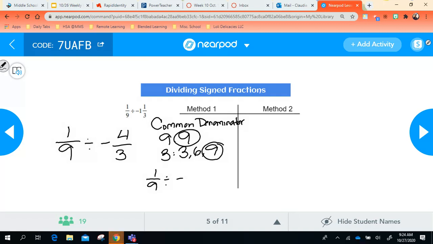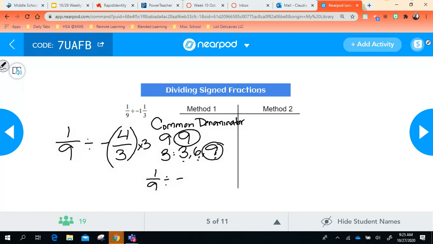Now I have 4/3. Well, necesito cambiar el 3 para 9. I need to change the 3 to 9. So I have to multiply by 3, because 3 times 1, 3 times 2, 3 times 3 gets me to 9. So I'm going to multiply this whole thing by 3.